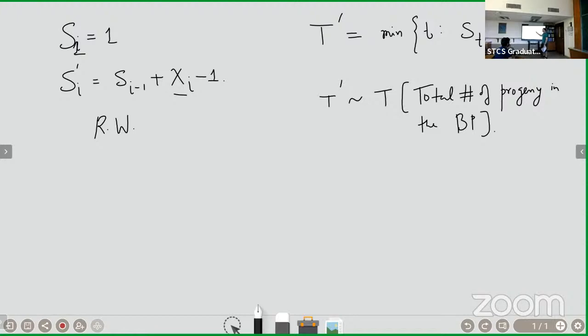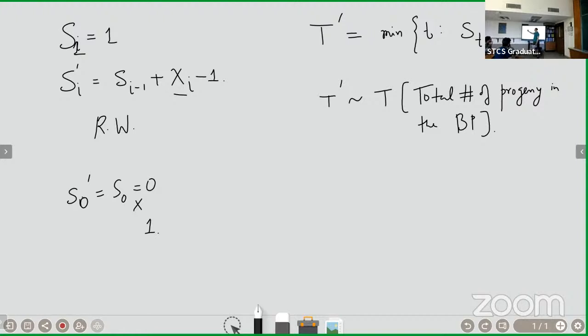To show this, we included an extra process. The typo in the book is that there is this i prime, so it's a 0. That's not correct, it's usually one. That's a typo, and it has nothing to do with the exploration.